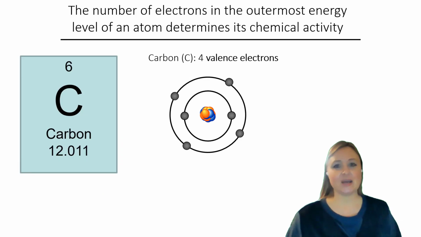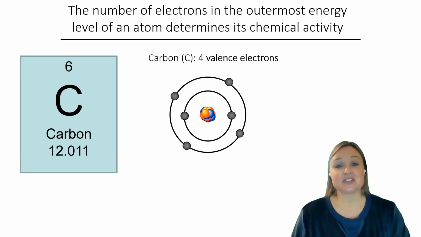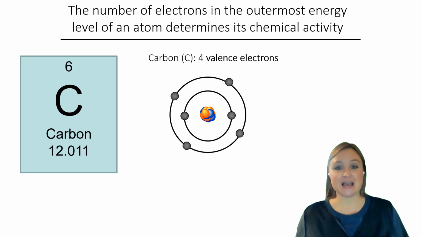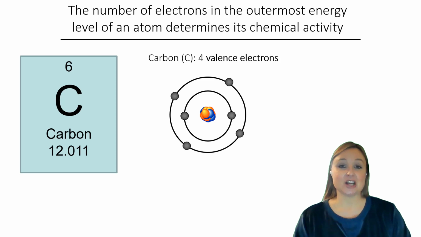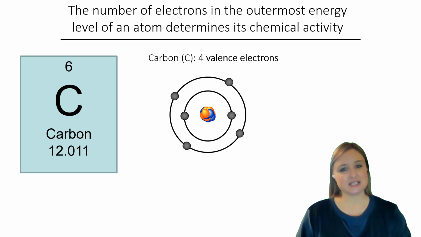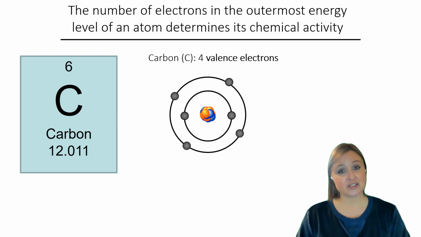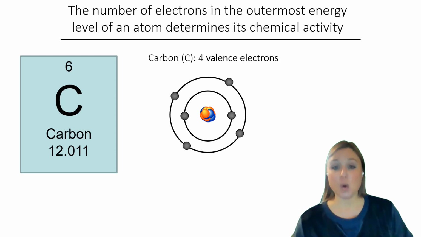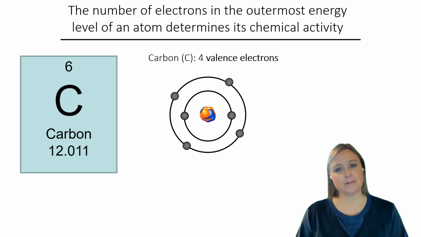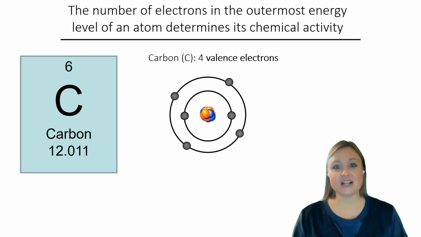So here's carbon, and I wanted to introduce carbon to you because carbon is one of the most important elements in living things. Carbon has an atomic number of 6, so it has 6 protons, and that means it has 6 neutrons and 6 electrons as well. So in the shells, there are going to be 2 electrons in the first shell, and that means 4 are left in the second shell. Now the maximum in that second shell is 8.